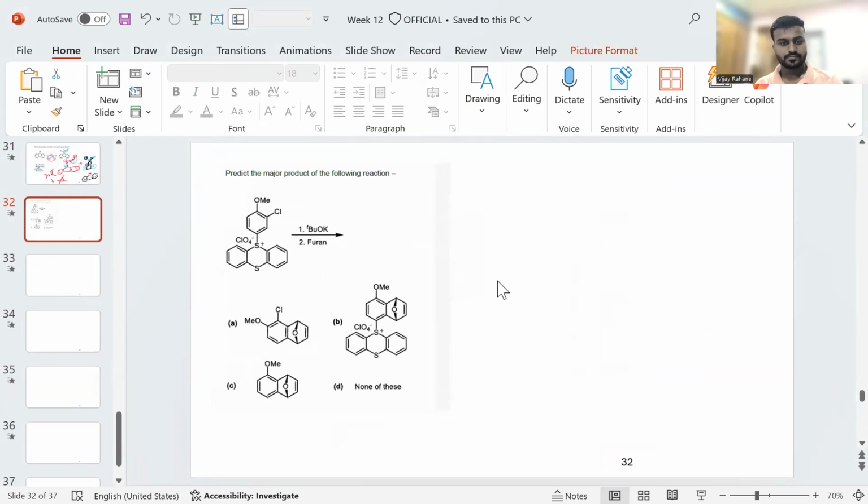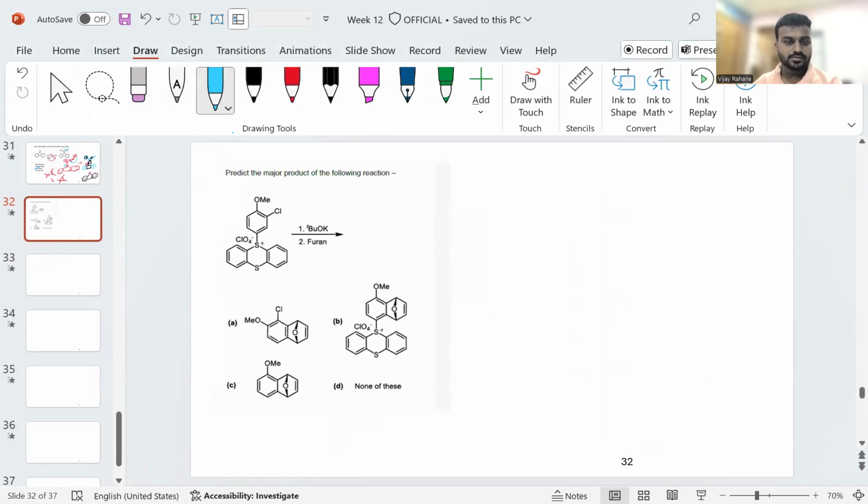So if you look at this question, this entire group is the good leaving group. And when you add the strong base, what will happen? It abstracts the proton either from this proton or this proton. So it forms a negatively charged carbon, I'll just draw here OMe.